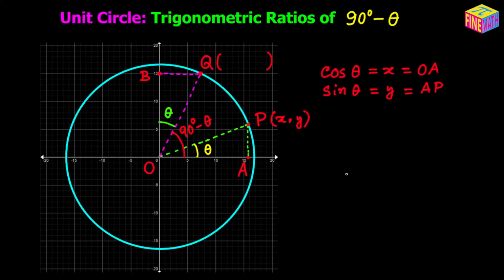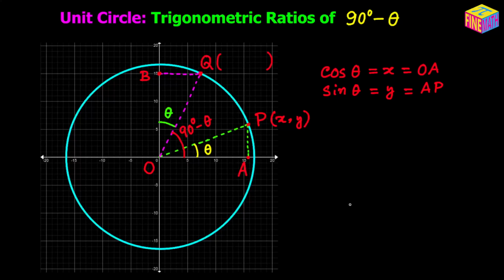Well, that will definitely be theta because the sum of those two angles will be the 90 degree angle, which is on the first quadrant, meaning on one side of the y-axis and x-axis in one quadrant, the total angle there is 90 degree. Now if QOA is 90 degree minus theta, then definitely QOB will be equal to theta, right?